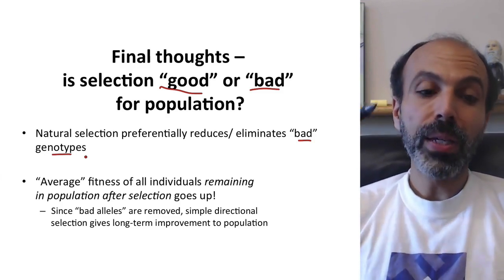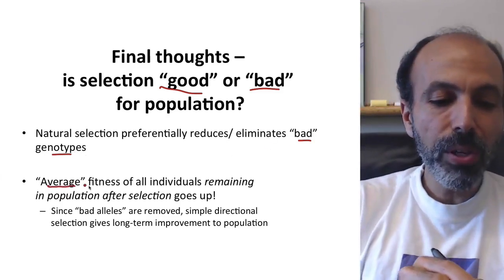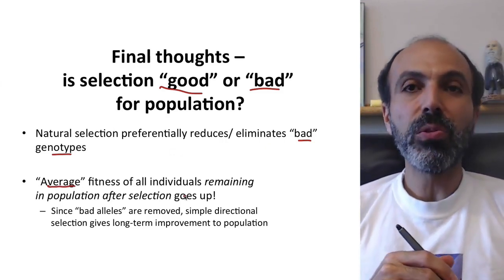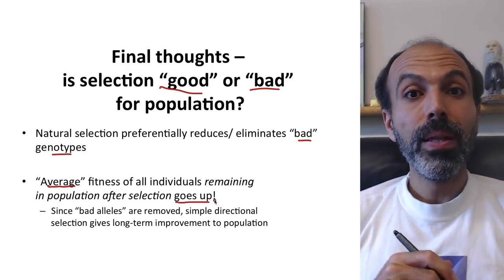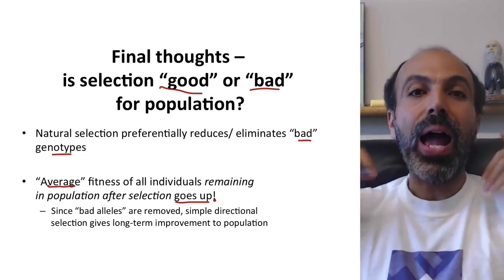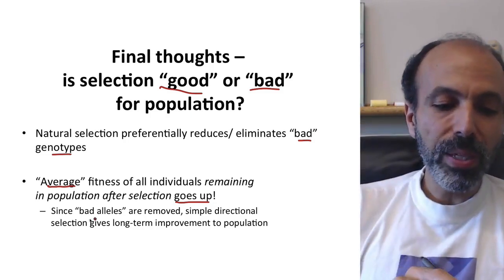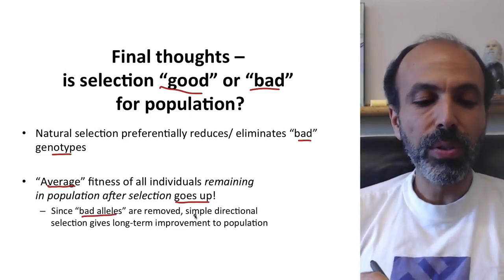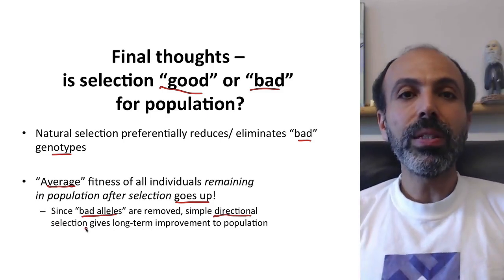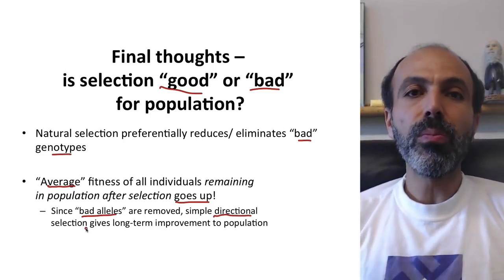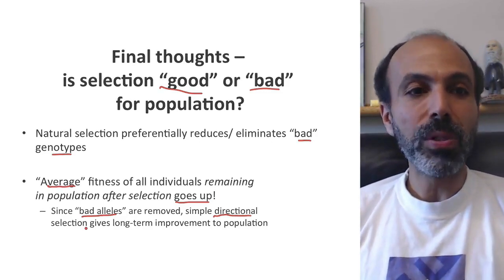As such, because we're getting rid of these so-called bad genotypes, the average fitness of all the remaining individuals in the population after selection actually goes up. If you look at the people who are still there after selection's operated, on average they tend to be more fit. And the reason for this is that the bad alleles have been removed. And this is especially true when you're looking at simple directional selection. And ultimately this will lead to a long-term improvement of the population's ability to survive and reproduce.